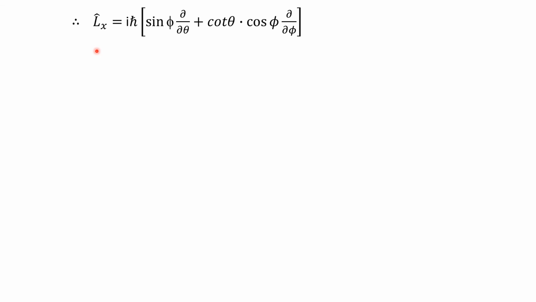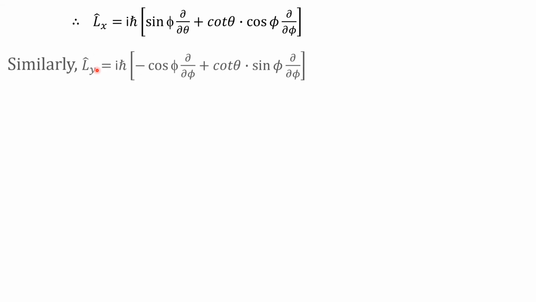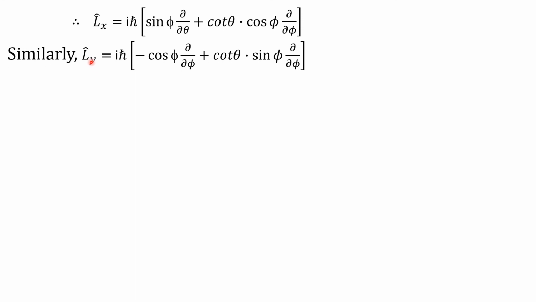Similarly, we find the y component angular momentum operator Ly hat equals i h cross into bracket minus cos phi del by del theta plus cot theta sin phi del by del phi. Similarly, the z component angular momentum operator Lz hat equals minus i h cross del by del phi.